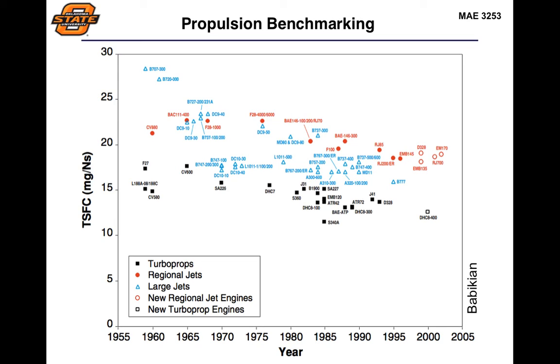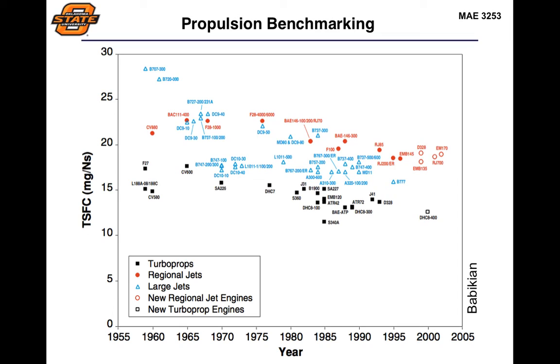You also see this delineation in the fuel consumption benchmarking, where the types of aircraft are broken down by the types of propulsion systems. I mean, those two things are directly linked with one another. So again, we have our turboprops, our regional jets, and our large jets.